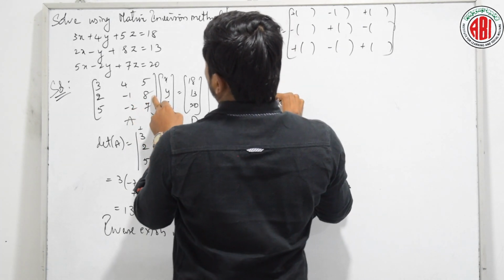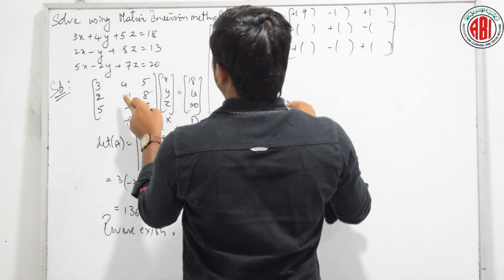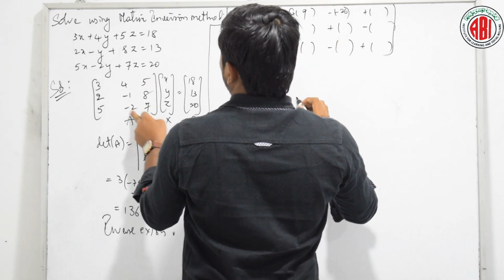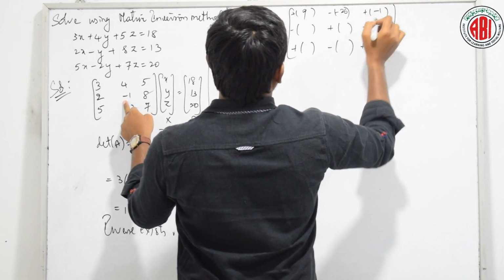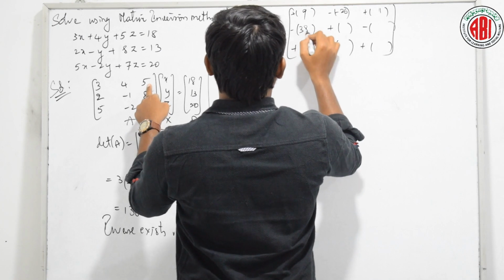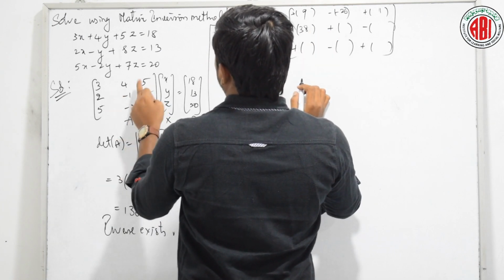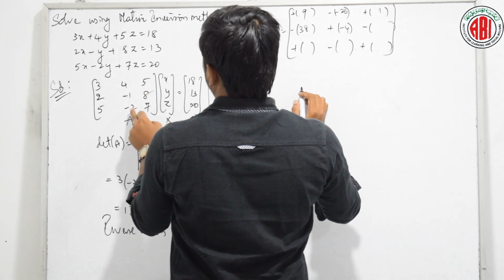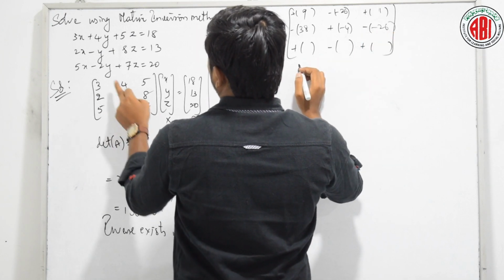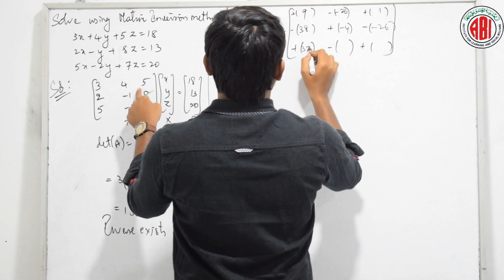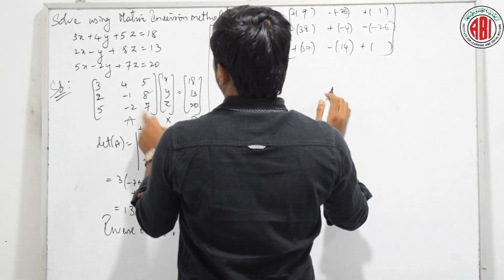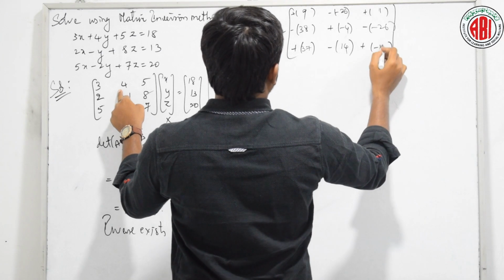Minus 7 plus 16, how much is it? 16 minus 7 is 9, and here 7 2s are 14, 14 minus 40 is minus 26, here minus 4 plus 5, that is 1, and the next 28 plus 10, 38, and the next 21 minus 25, minus 4, here minus 6 minus 20, minus 26, here 32 plus 5, that is 37, and the next 24 minus 10, that is 14, and finally minus 3 minus 8, that is minus 11.